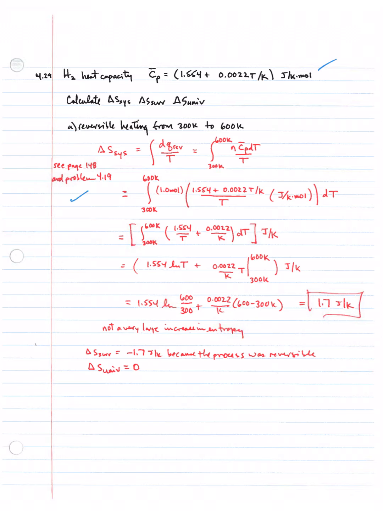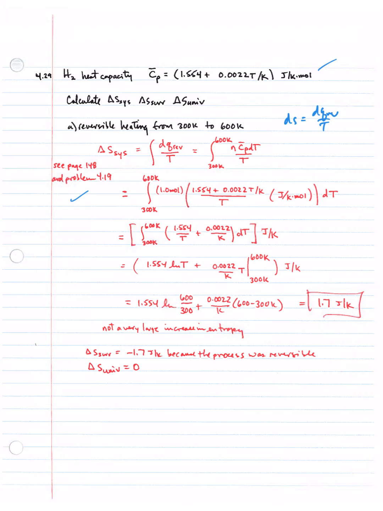If you look at page 148 in problem 4.19, little dS, remember, was equal to dQ reversible over T. If you want to find it for a quantitative amount and you turn it into a delta, you have to do the integral. And so the integral is of the definition of Q, which in this case is going to be the moles times the molar heat capacity.